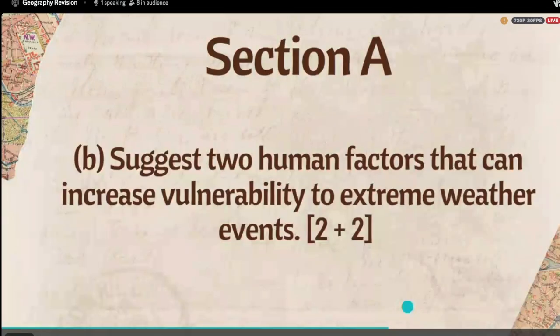The way a 2 plus 2 question works is that you state the first factor and then you explain it in a further sentence, if that makes sense. And then you do that twice. So you say your claim, and then you further elaborate in another sentence. You do half a sentence for your factor and then another half of your sentence for explanation.